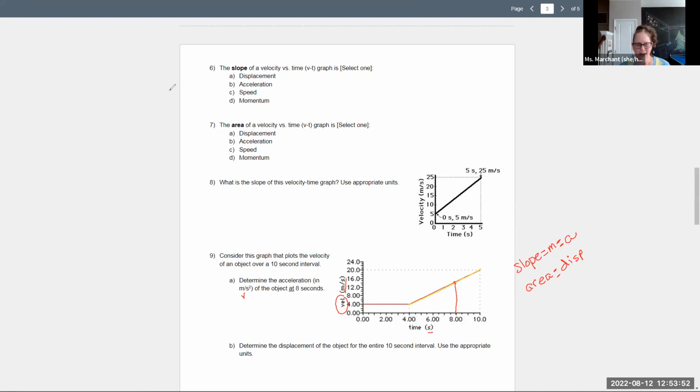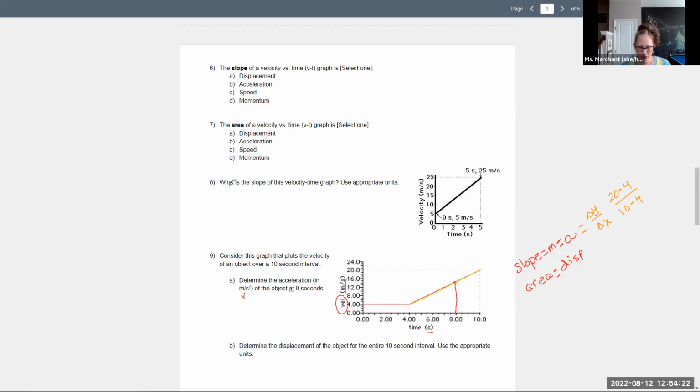Get in the habit right now of using just the slope equation: change in y over the change in x over the whole line. It'll save you issues later on. 20 minus 4 for my y, and my x, 10 minus 4. That's going to give me my acceleration.